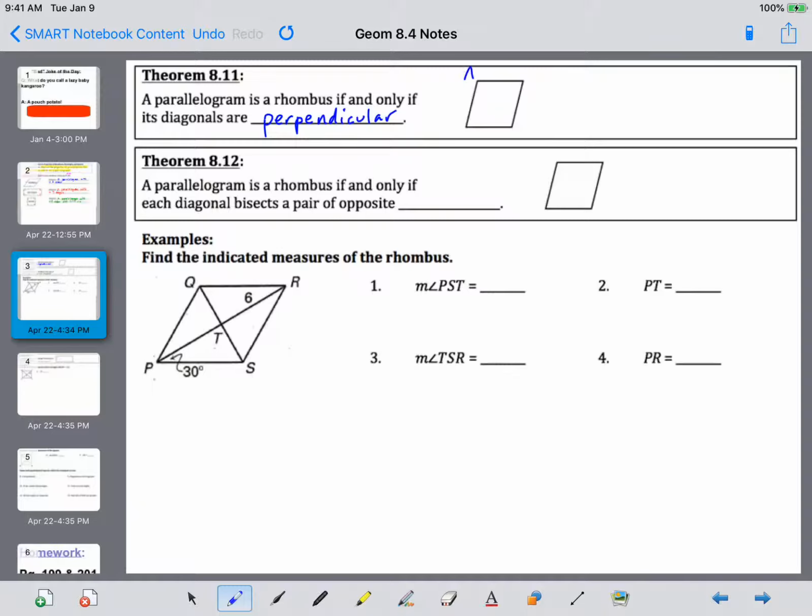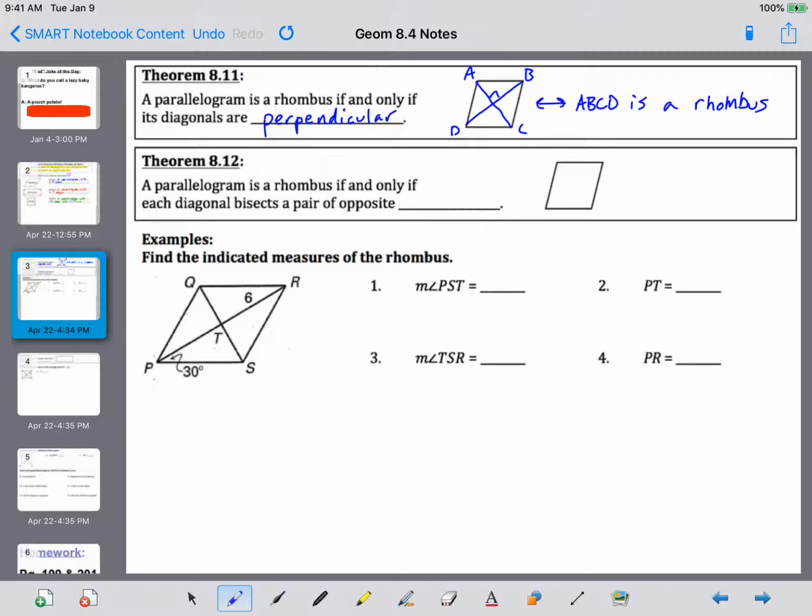So if we call this ABCD, and the only thing you know is that these two diagonals are perpendicular, then ABCD is a rhombus. We'll use that theorem in a bit to do some examples.